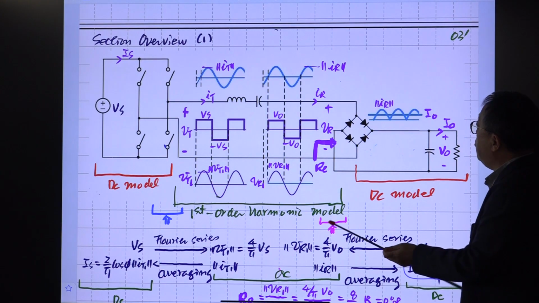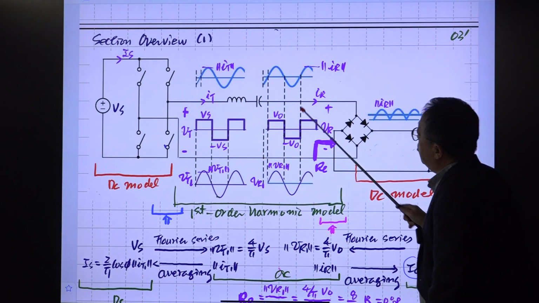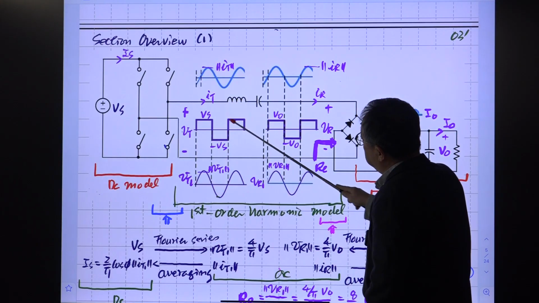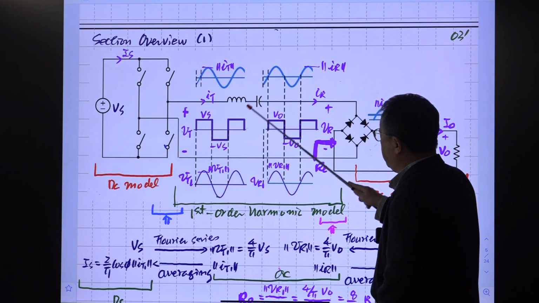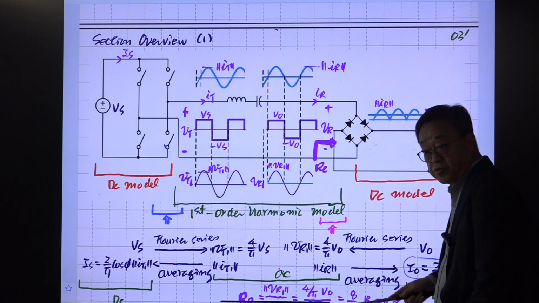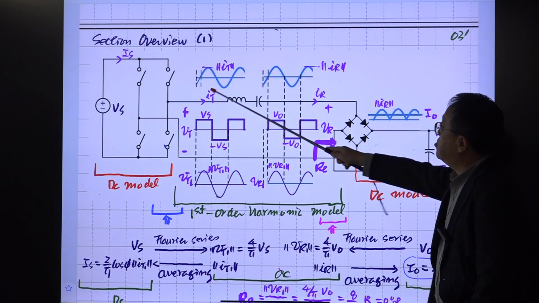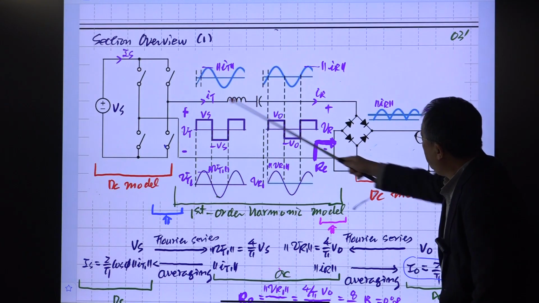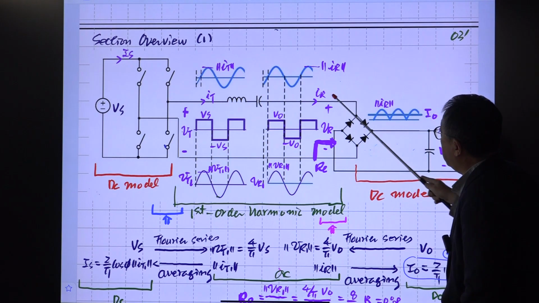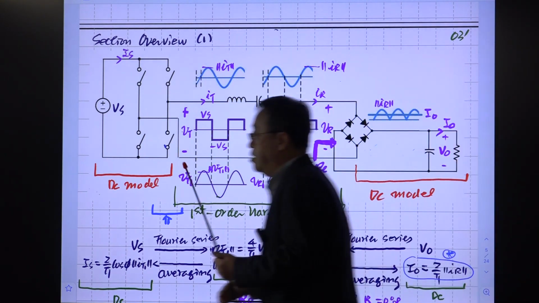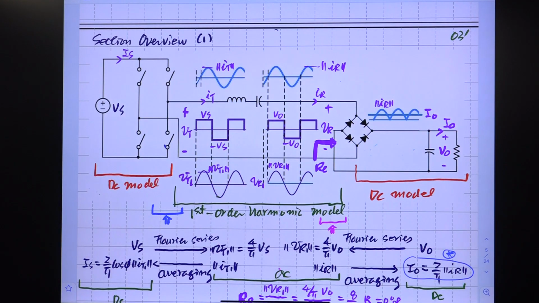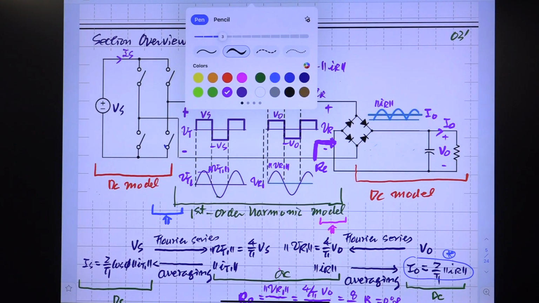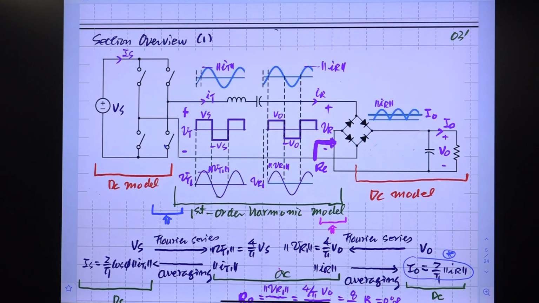This circuit only responds to the fundamental component because of the characteristic of a high Q low pass filter. So this is sinusoidal, and the same current, IT and IR, has to be the same. Let me use the notation I1, because we are assuming the circuit responds only to the fundamental component, so the current is just the fundamental component of the switching waveforms.